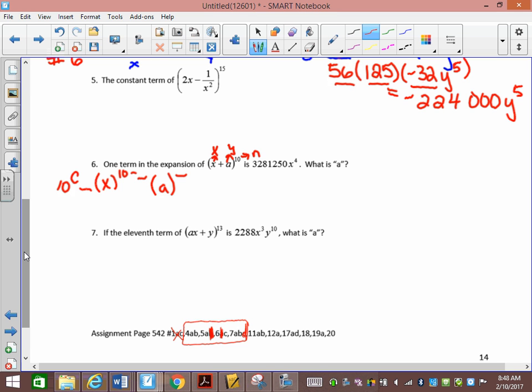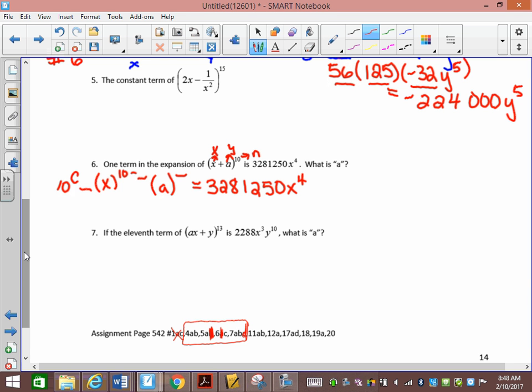So I'm going to set it equal to that. Someone said it and they're correct. It's x to the 4. That's the one thing we do know, ultimately, that we need to have an x to the 4.